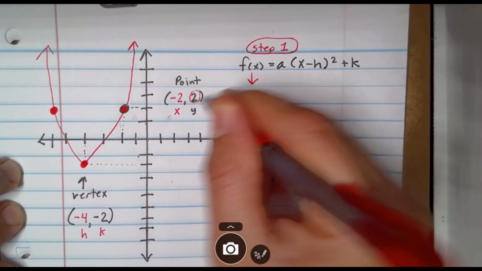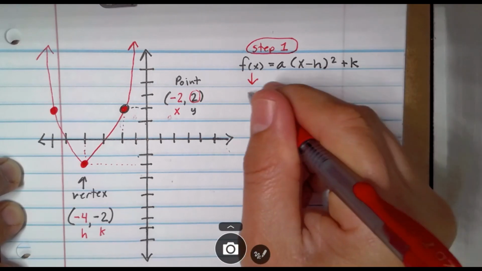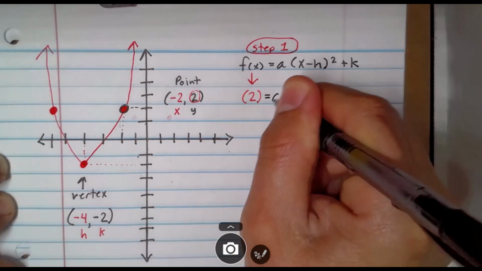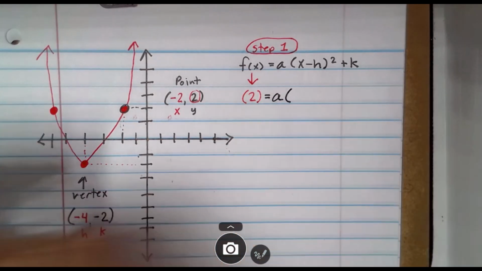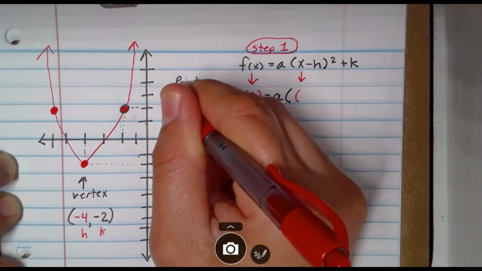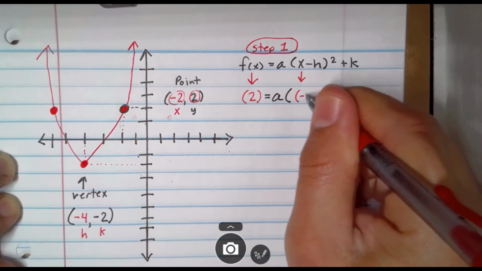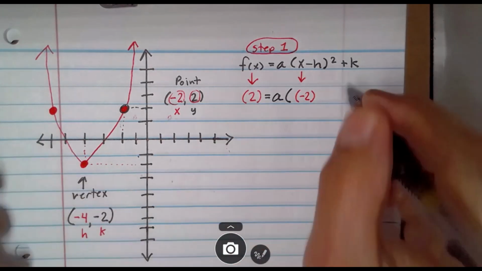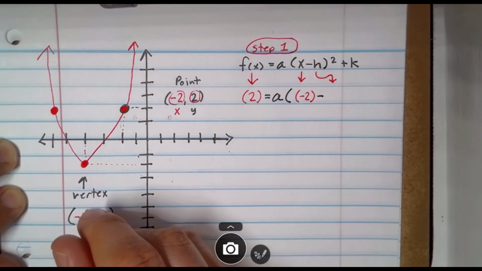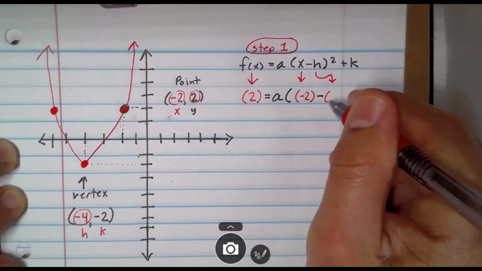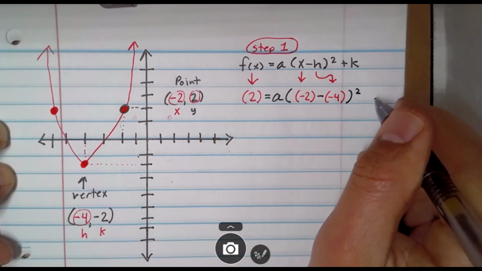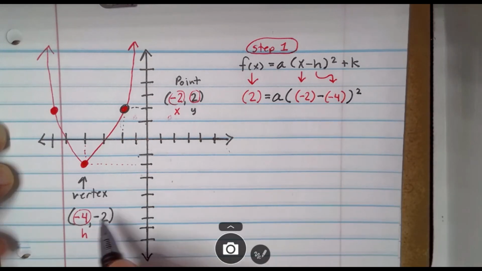As I'm substituting them, I'm going to write them all in red. That's going to be equal to a times my x value, and that's going to be negative 2 on this one, minus my h value, and that's going to be negative 4, and then close parentheses, squared, and then plus k, and my k value is negative 2.